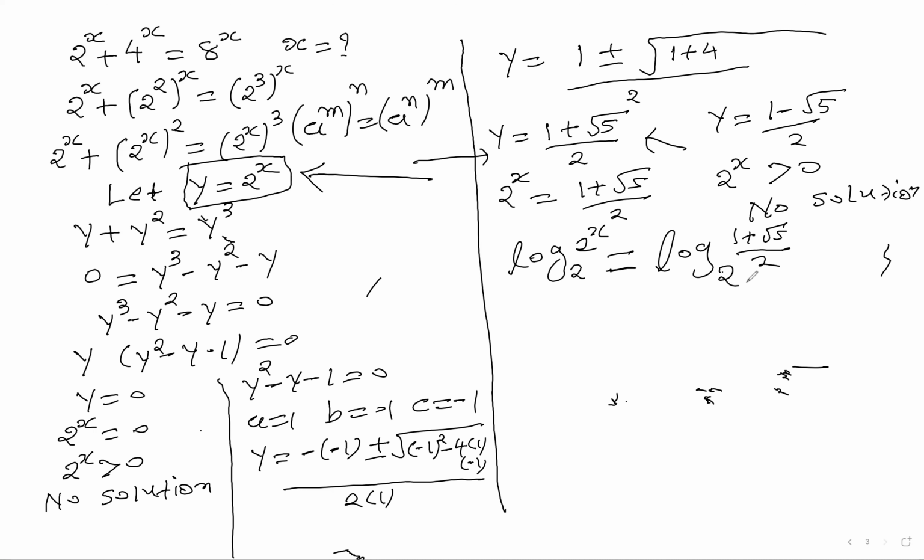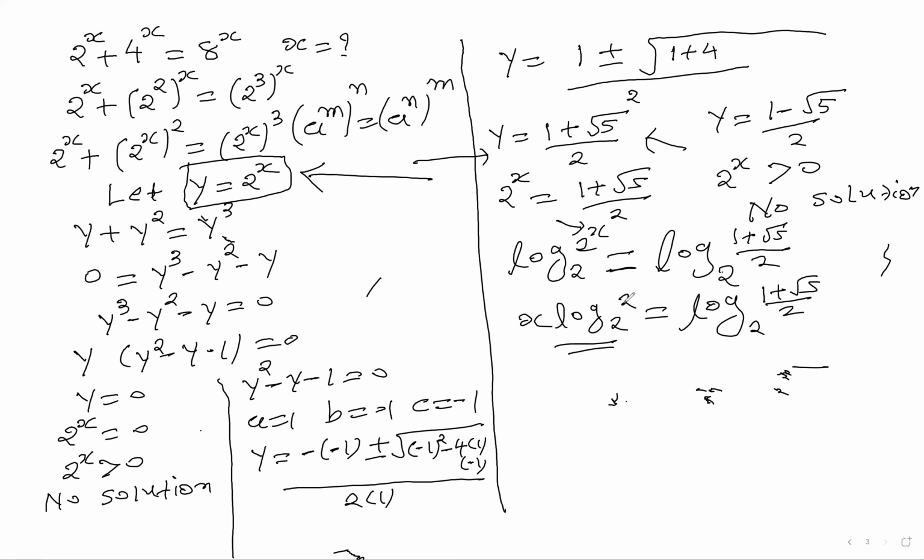Now, that power can go in the front. So that will give me x log 2 base 2 equal to log of 1 plus root 5 over 2 base 2. Now, as you know, log 2 base 2 is 1.